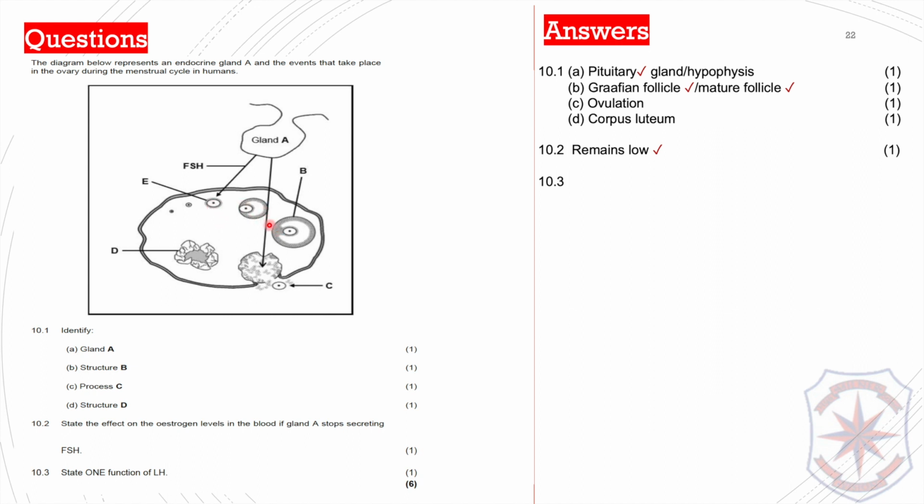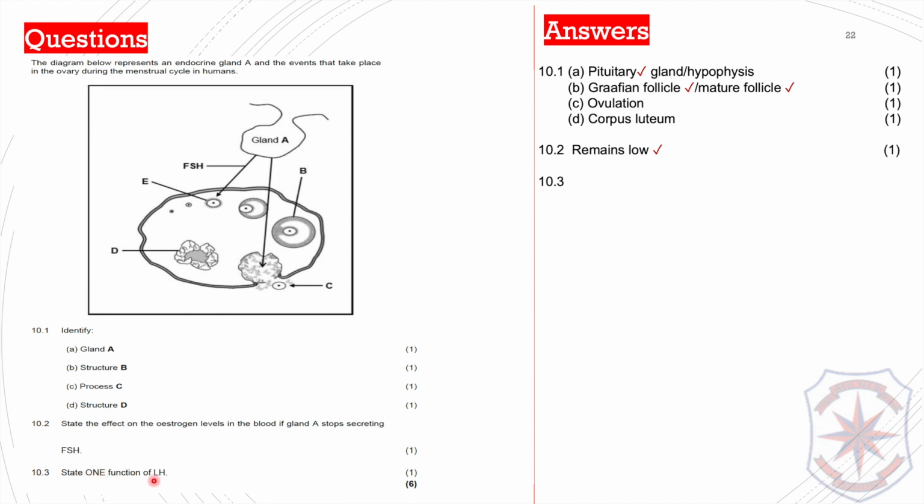The more the follicle grows, the more it secretes estrogen. So, if FSH stops, then the follicle will not grow, and if it will not grow, it will secrete less estrogen. So the estrogen levels remain low.